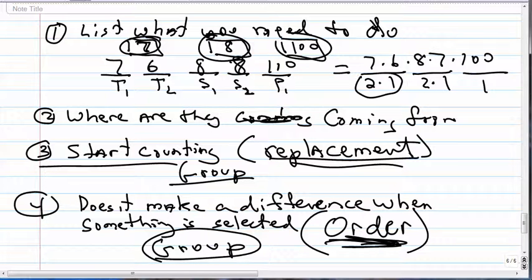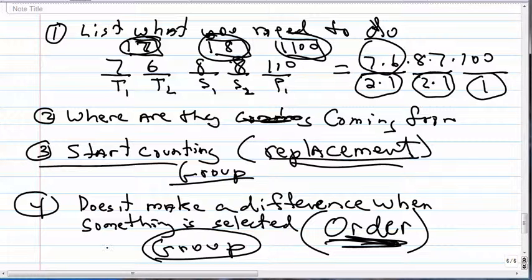But the denominators are factorials of how many we selected. So if there were 3 teachers going on a field trip, this would be 3, 2, 1, not 2 times 1. If there were 5 parents going on a field trip and we didn't care about order, we would have 100, 99, 98, 97, 96 divided by 5, 4, 3, 2, 1. Do the math, you'd have the answer.